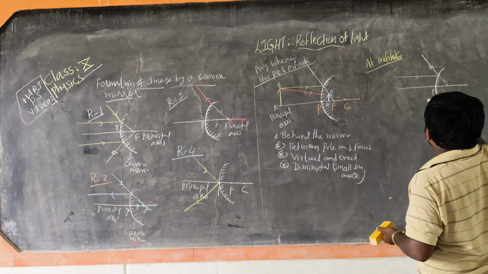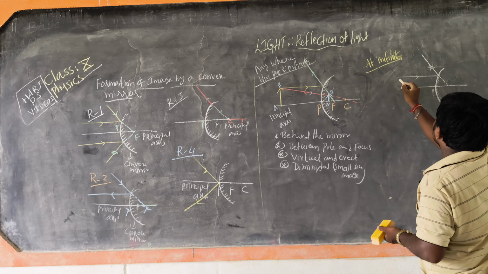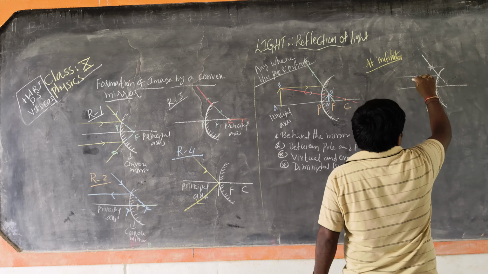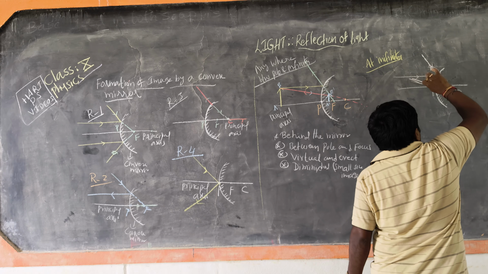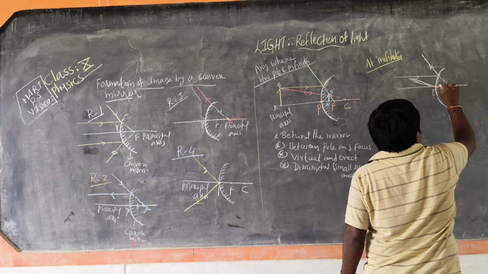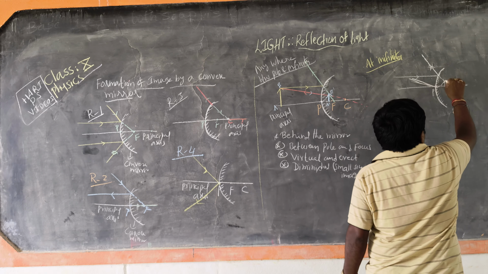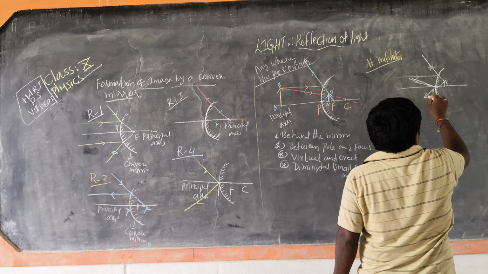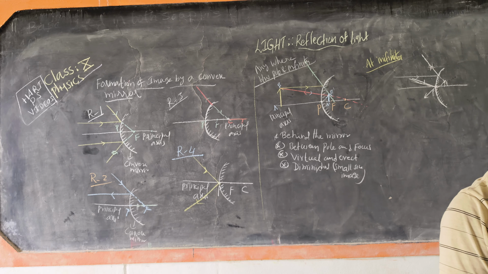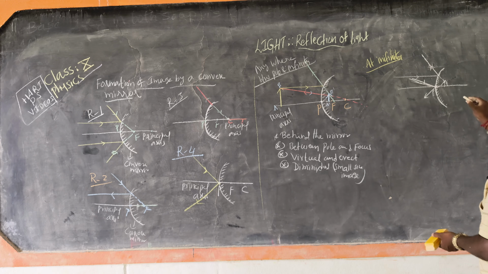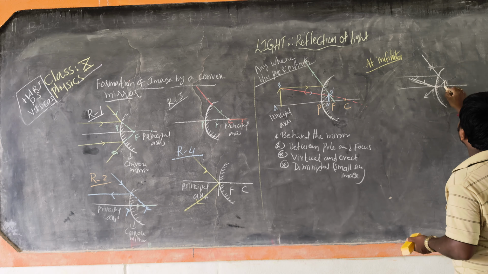Then if you take another light ray which makes some angle with the pole, the image is formed at focus.